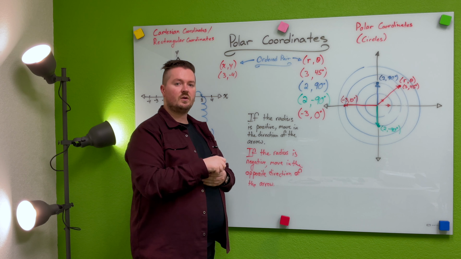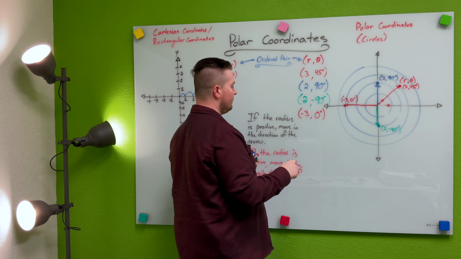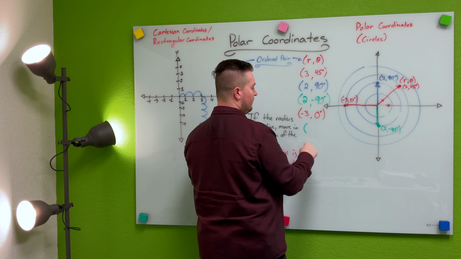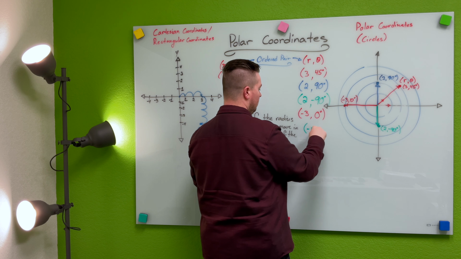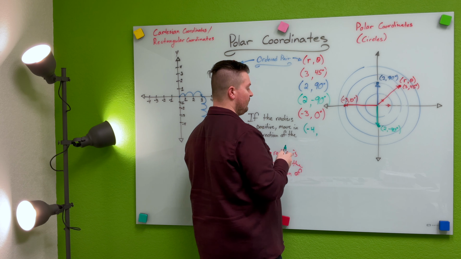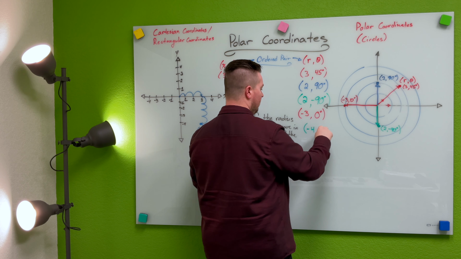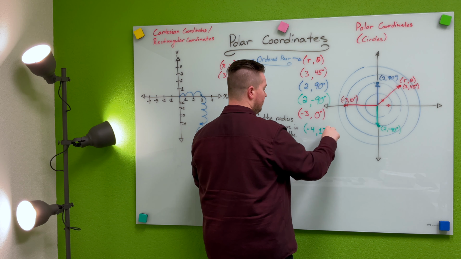So I'll give you one more example. For this last example, let's go ahead and use green. I want to go 4 steps out in the negative direction of the direction we're pointing. And I want to turn to an angle of, let's say, 135 degrees.